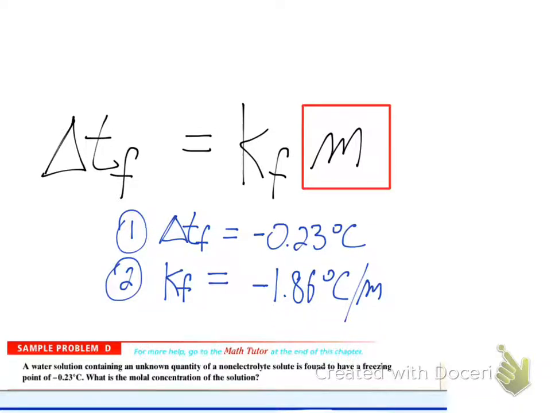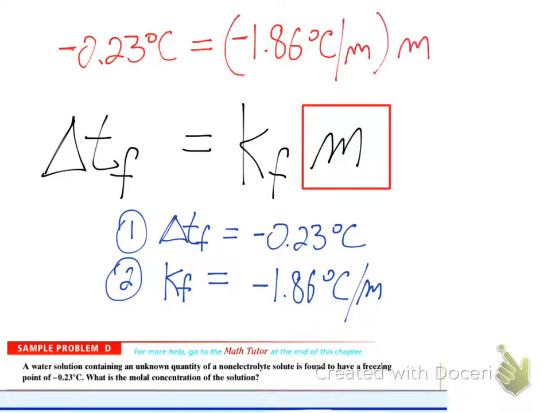Now, as I square it off here, the problem's asking us to figure out what the molality of the solution is. Well, we've got 2 of the 3 variables, so now it's just a matter of plugging it in and applying some 8th grade algebra to this thing. So when we do so, we get negative 0.23 degrees Celsius, plugging in for the change in TF here, equals negative 1.86, which is our KF, our freezing point constant, times our molality.